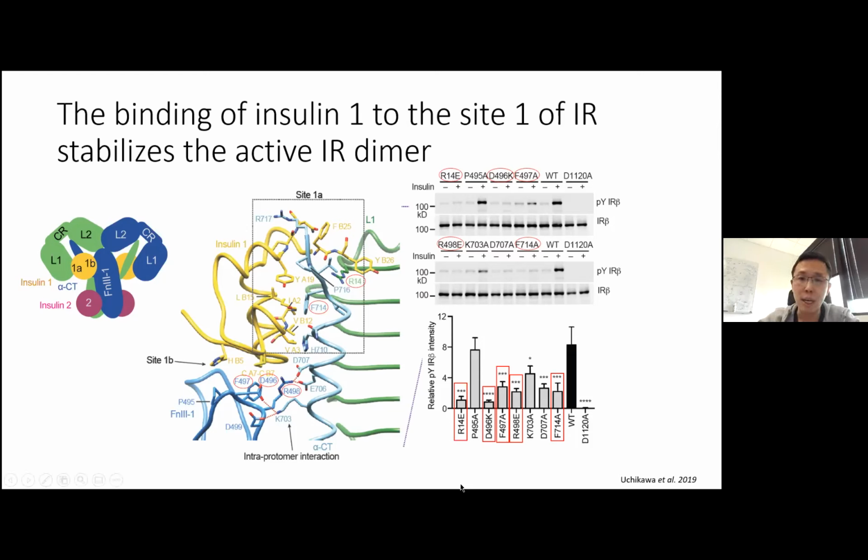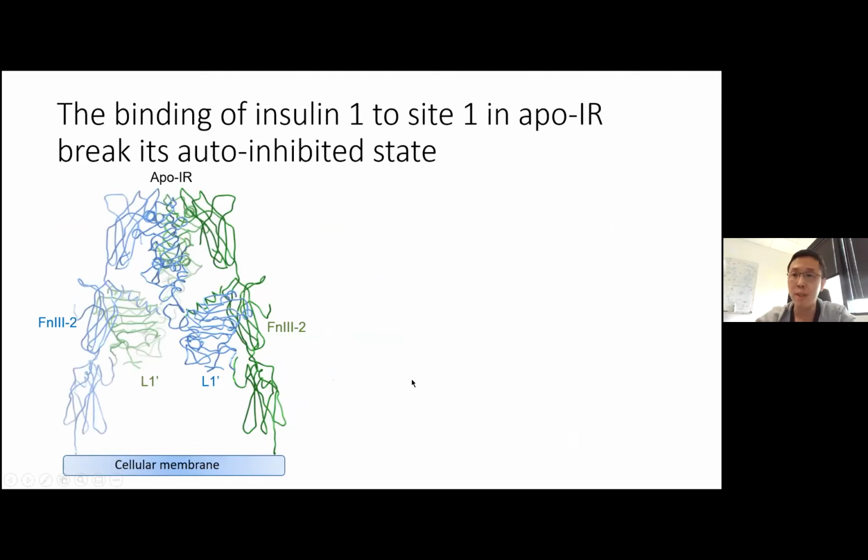Okay, and our structure analysis also suggests there's another role for site 1 insulin binding. As I mentioned, the apo state of the insulin receptor is an inverted V shape. The apo conformation is stabilized by strong interactions between the L1 domain of one protomer and the fibronectin 2 domain of another protomer.